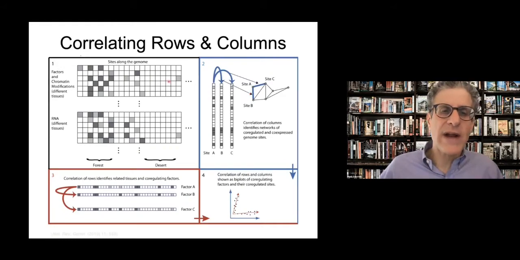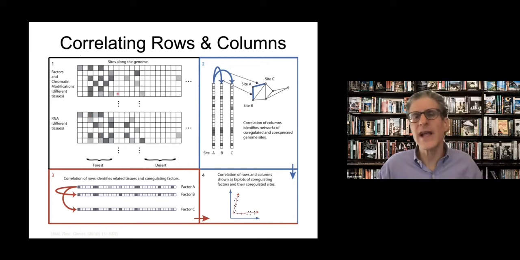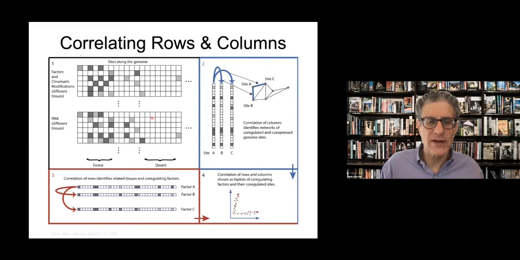So again, what happens here is we have our matrix. And the simple thing we're going to do is take our matrix, which, let's look at this one first here. We have our different, say, RNA experiments, or different times. We have the different, say, genes across. And we're going to correlate each of these rows with each other.